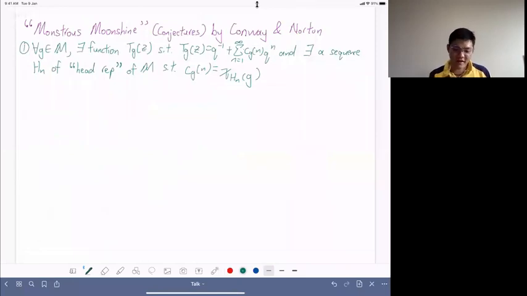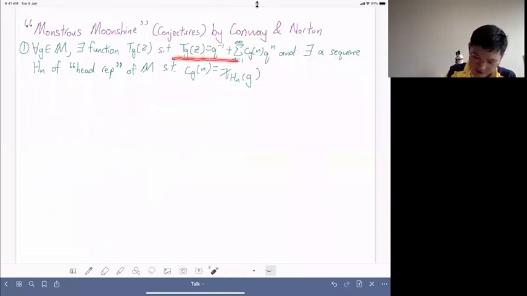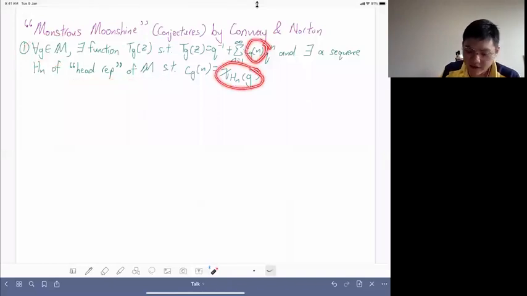The first two persons, Conway and Norton, collected all this data. They went back and computed what Thompson said, and they came up with this monstrous moonshine conjecture. In the paper, first of all, they say that there's a function for every element of the monster and some representation such that the coefficient is the character of that representation.